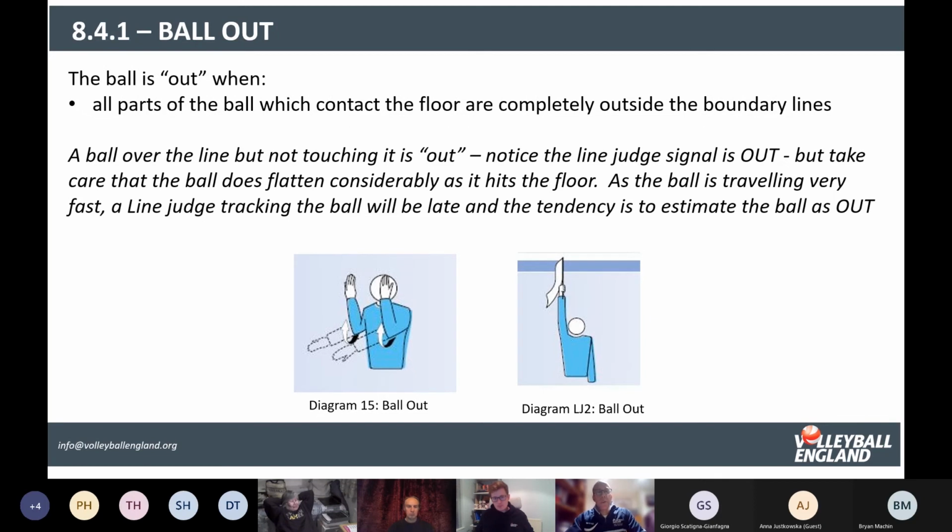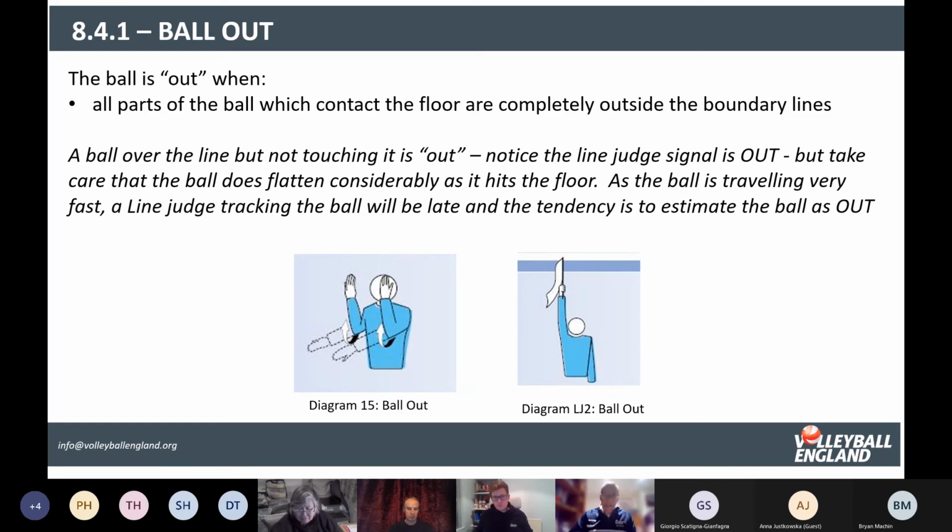So the first one, 8.4.1, says the ball is out when all parts of the ball which contact the floor are completely outside the boundary lines. So we've already seen this, that a ball over the line but not touching it is out. But take care when the ball compresses, because the ball may flatten itself considerably, as we've seen, and the ball is travelling really fast.